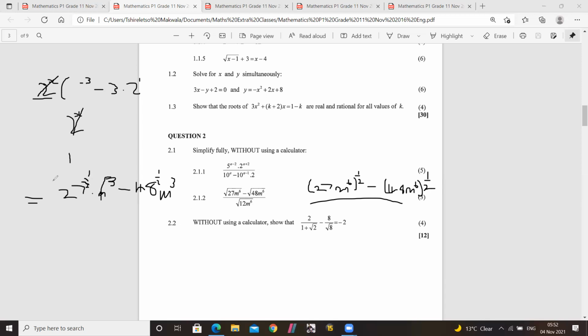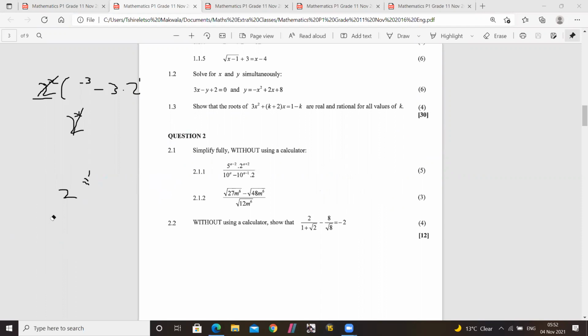Then you're going to cancel out those m to the power of 3 and continue on with the question. So solve the question. Yeah, those are those types of questions. Okay, so let's move on.